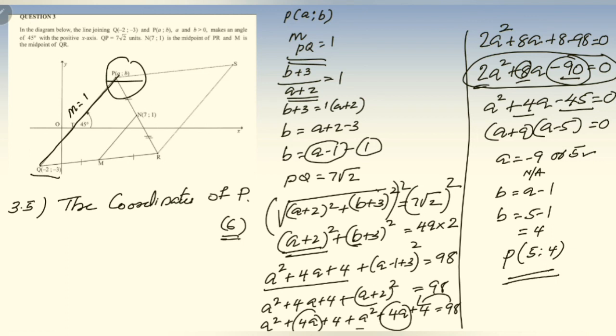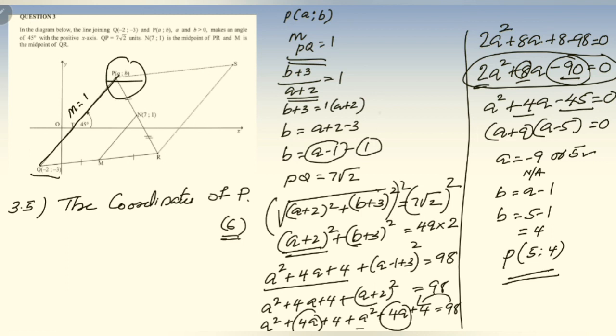This is a 6 marks question. So in general, you have to get two equations in terms of those unknown variables, then solve simultaneously. This is how we do it. Now the mark allocation is 6 marks altogether.